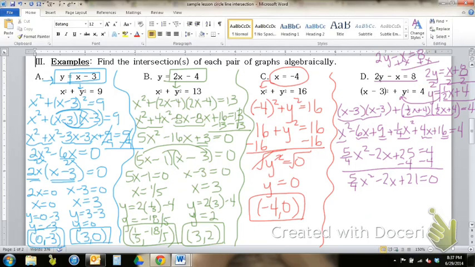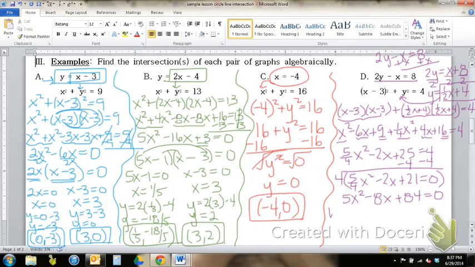Alright, now, I don't really like to deal with fractions, so if I multiply the entire equation by the denominator, it'll knock it out. So I get 5x squared minus 8x plus 84 equals 0, which is enormous to try to factor. I don't necessarily want to try that, so I'm going to tap into my Algebra 1 skills, and I'm going to remember about the discriminant.